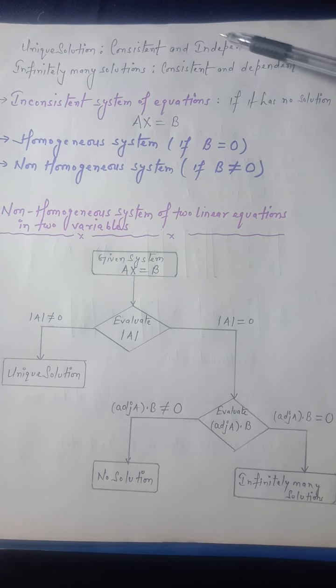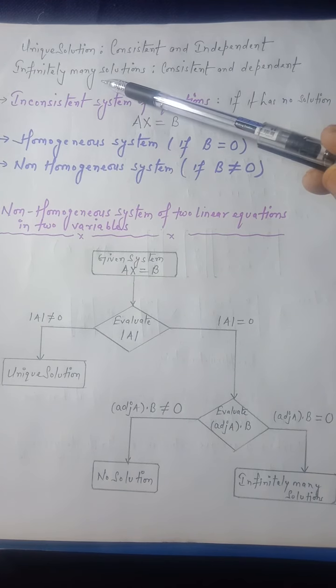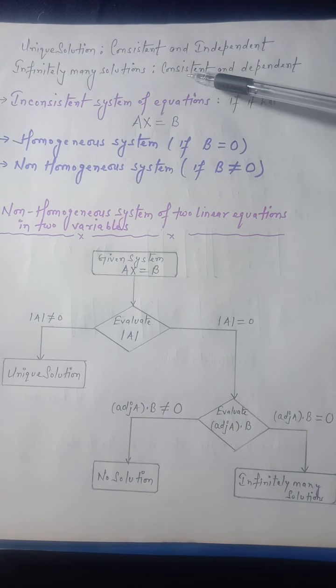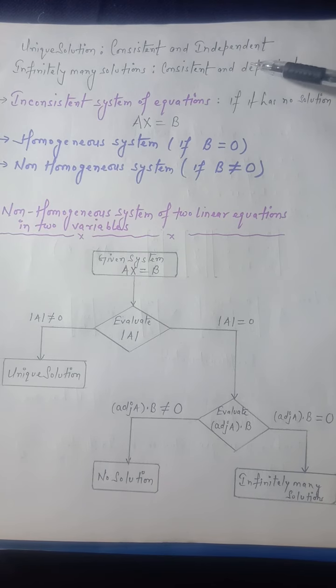But when the number of solutions is infinite, again the system of equations is consistent, but we will say dependent. So we talk about independent and dependent only when the system of equations is consistent.